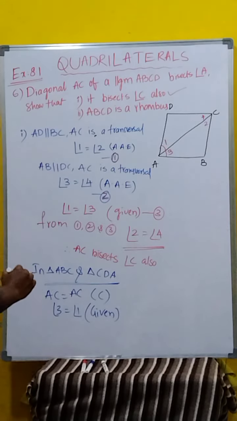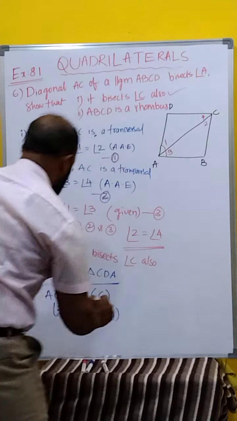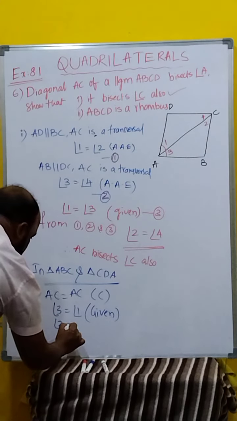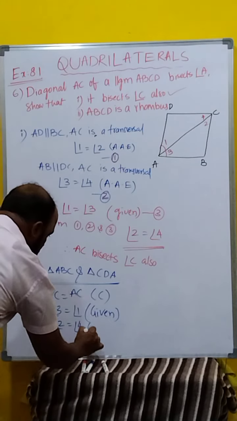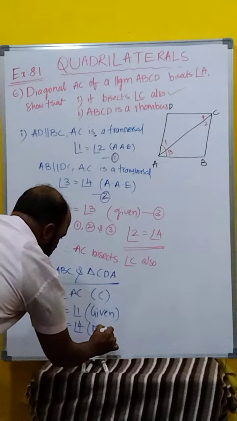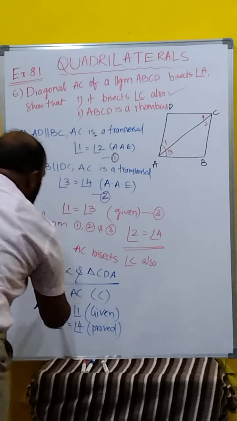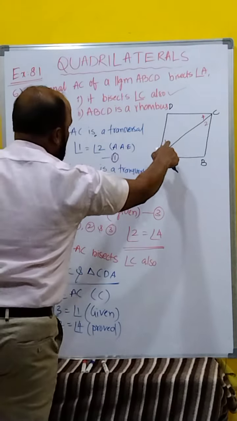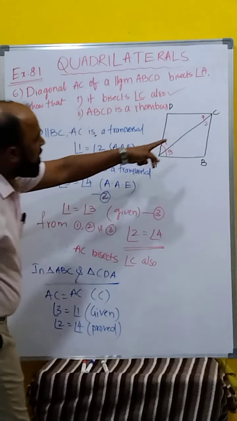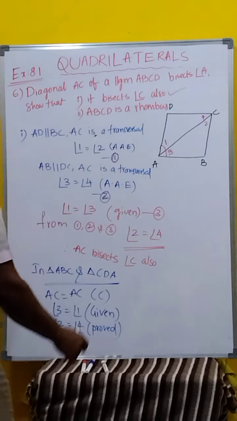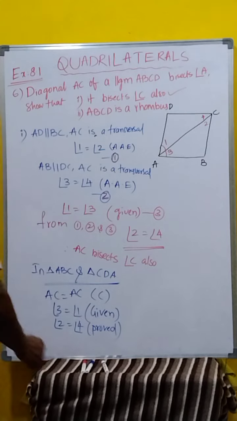And the last one, angle 2 is equal to angle 4, just now we proved. Clear, children? AC is equal to AC, common; 1 is equal to 3, given; and 2 is equal to 4, just now we proved.